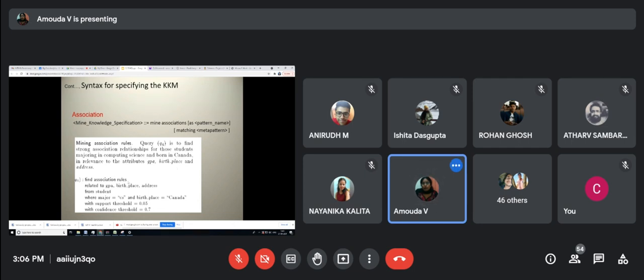Find association rules related to these attributes from the table student, where major is CS and birthplace is Canada. You can see the lines are changed. That's all. Nothing more than that. With the support threshold value 0.05, with the confidence threshold value 0.7.